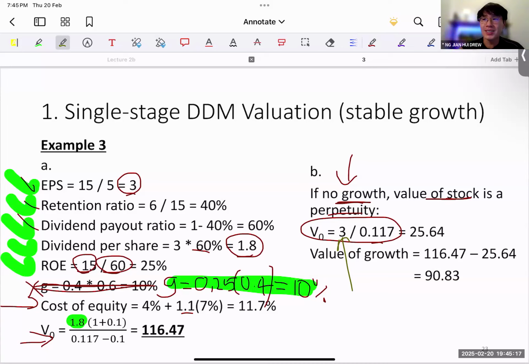Why is it important to know the concept that when there's no growth, you pay all your earnings out as dividends? So you see, no growth, therefore, this is 3 as dividends. You calculate the value of a no growth situation, and therefore by taking the growth minus no growth, you get the value of the growth factor. So this is a very indirect way of testing you the calculation for no growth.